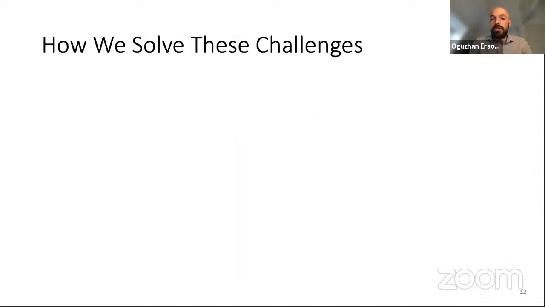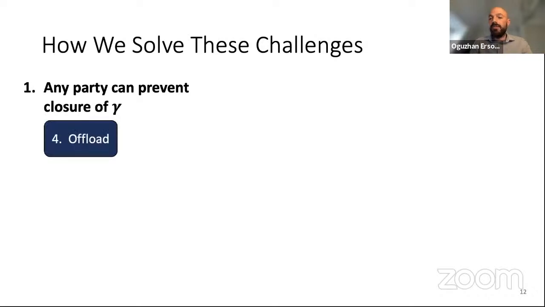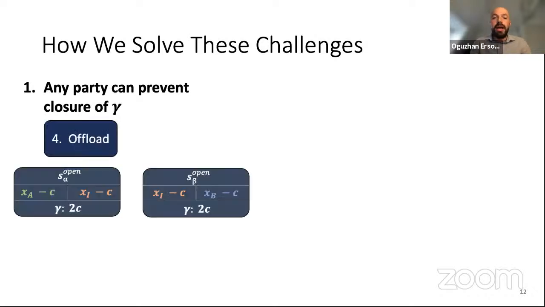How are we solving our challenges? For the first challenge, where no party should be able to prevent the closure of the virtual channel, we have the offload mechanism. The offload mechanism enables publishing the latest state of the ledger channels on the blockchain.